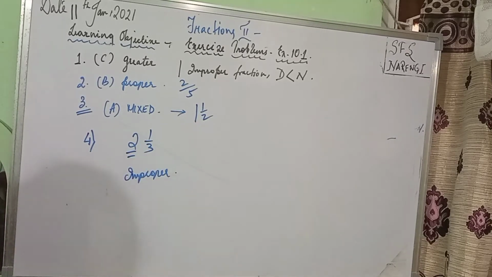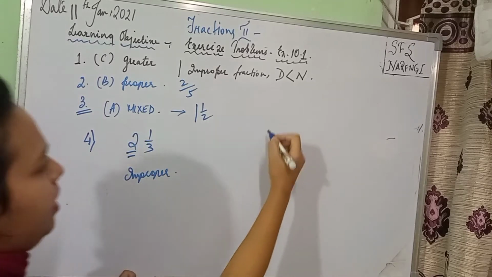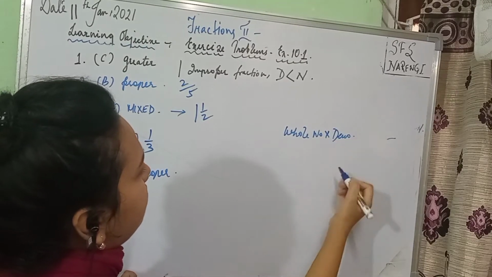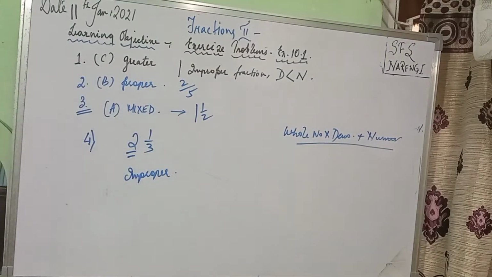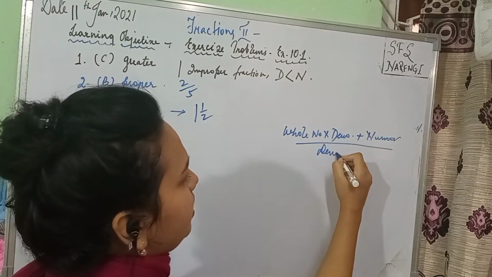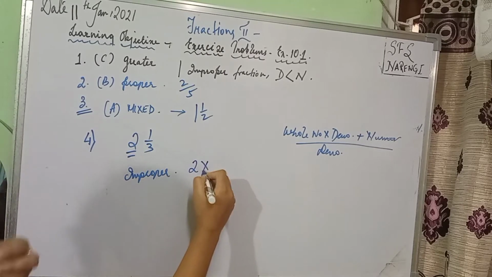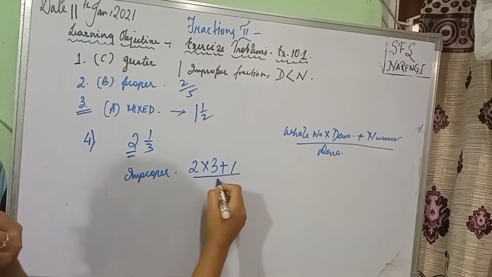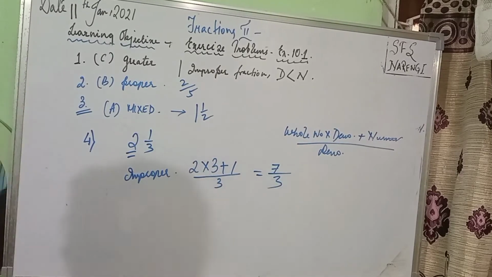You take the whole number, multiply it with the denominator, then add the numerator, and divide the whole thing by the denominator. Here the whole number is 2. So 2 multiplied by 3 plus 1 divided by 3. What do you get? 3 2s are 6 plus 1, 7, 7 by 3.